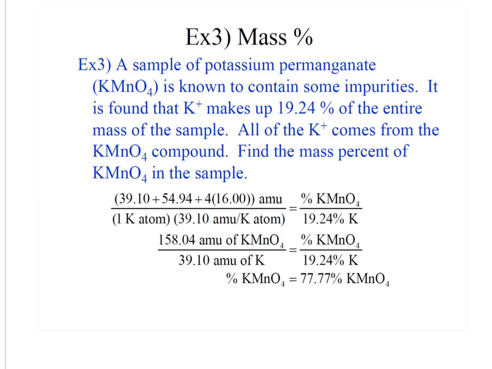The ratio of the molar mass of potassium permanganate to the molar mass of the potassium ions is equal to the ratio of the mass percent of potassium permanganate to the mass percent of the potassium ions. Once you set up this ratio, you just solve for the percentage, 77.77%.